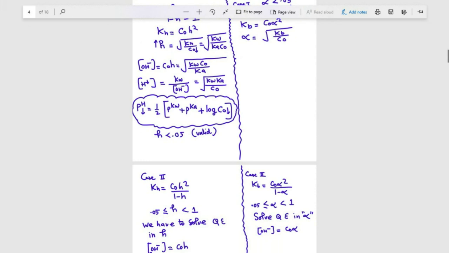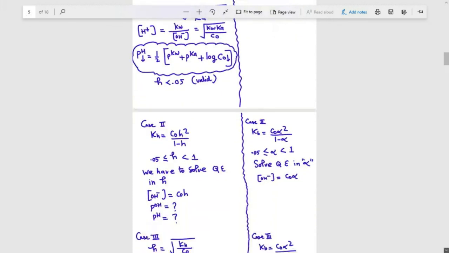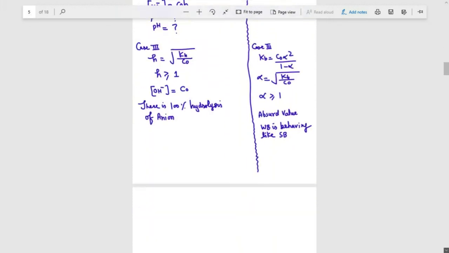So the concentration is also decreasing, and the decrease in concentration is more dominating than the increase in degree of hydrolysis. That's why when we do dilution, the concentration of OH minus will decrease. If the concentration of OH minus decreases, the concentration of H plus will increase. If the concentration of H plus increases, the pH of the solution will decrease, right? So this is about the hydrolysis of salt of weak acid and strong base.